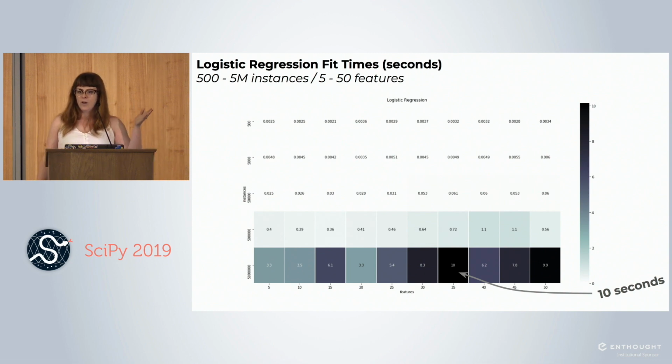I'm fitting it for every single one of those, and the intensity of the color is the amount of time it took fit to complete. You can see that even for a 5 million row data set with pretty complex dimensionality, we're done in like 10 seconds. So that's pretty good.